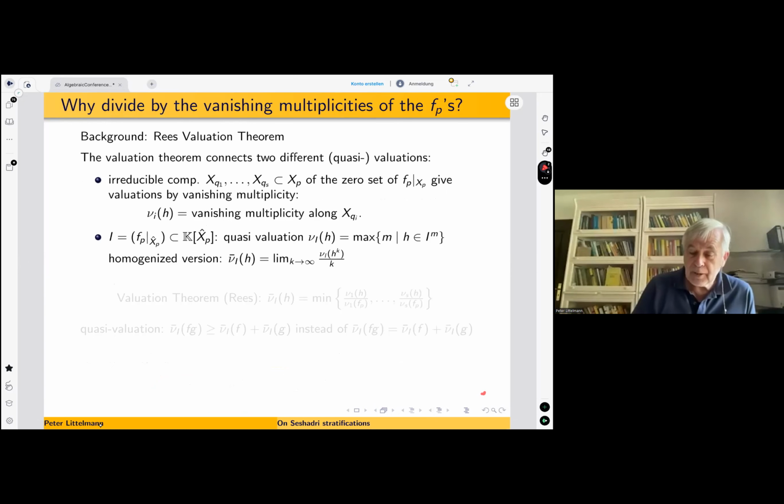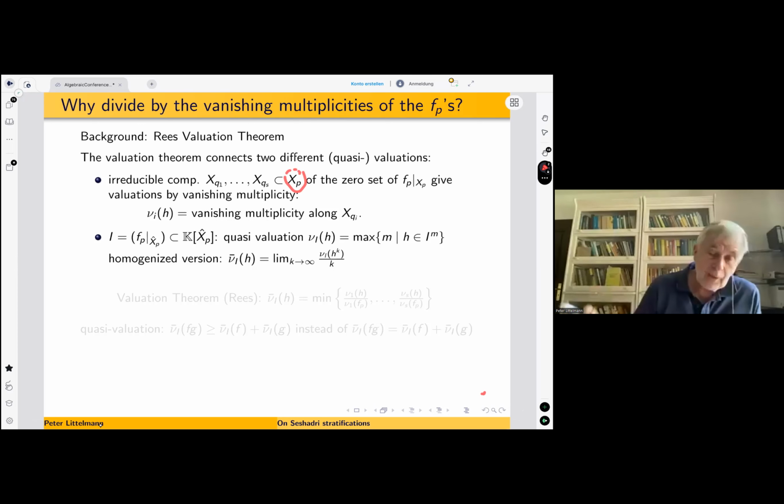When we have a maximal chain, let's say we end up in our X_P, and in my X_P I have all these divisors, and then I have to choose one. Every divisor, when I choose it, gives me a valuation: starting with a regular function on X_P, I remember the vanishing multiplicity along the chosen divisor. So this always gives me integers.